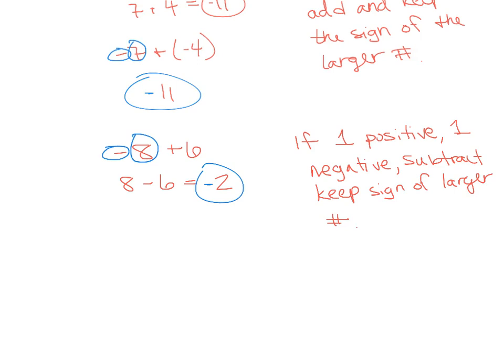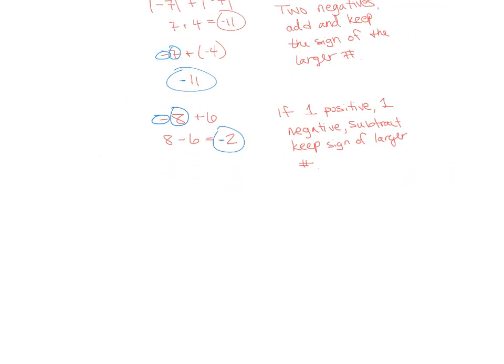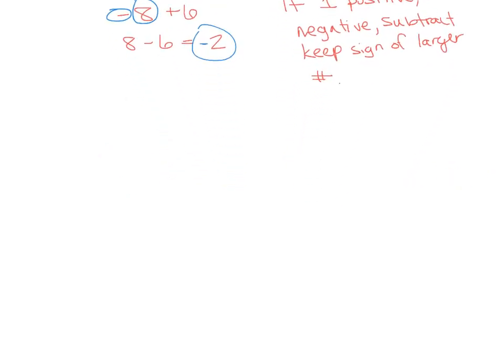So let's look at a few more of these. Negative 12 plus 19. They are different signs, so we're going to find the difference, which is subtraction. 19 minus 12 equals 7. 19 is the bigger number, and it has a positive sign, so 7 is the answer.